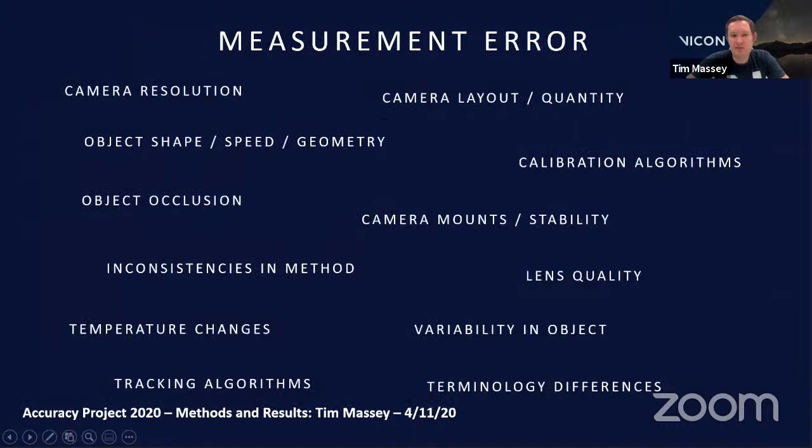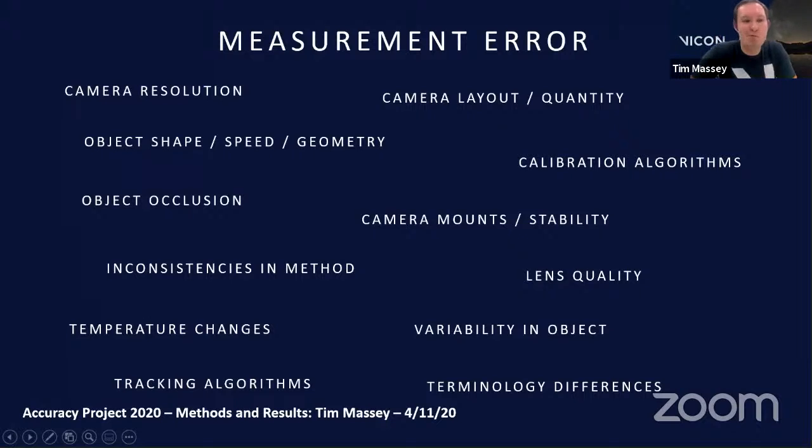And motion capture systems are no different from that. There is a number of different variables involved. Some you may well already be more familiar with than others. But there's quite a diverse range of variables of all different types. Some of the more common ones that will come up: how many megapixels is the camera you're using?